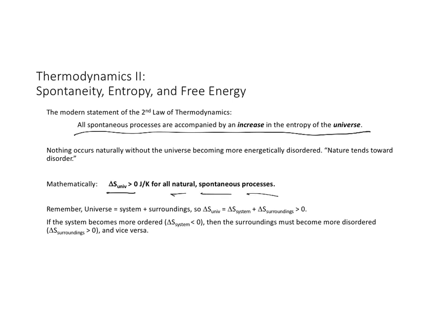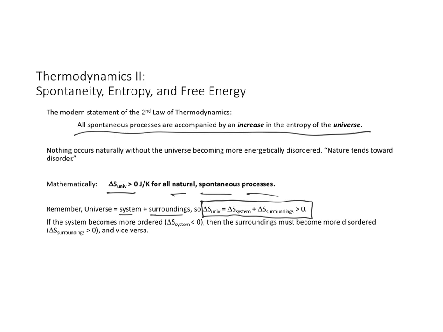Now remember, the universe consists of two parts, the system and the surroundings, and so the entropy change of the universe can also be given as the sum of the entropy change of our system and the entropy change of our surroundings. And again, the second law says that's always going to be greater than zero.